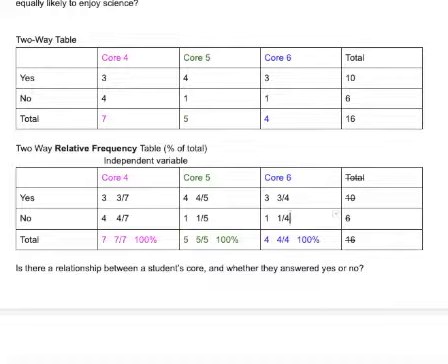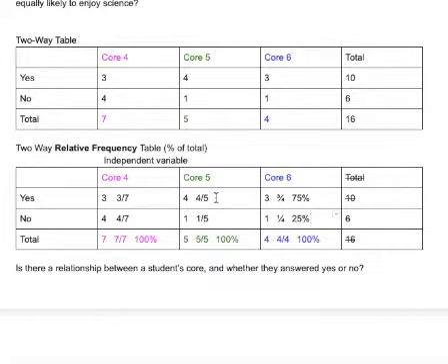So what I'm going to do now is turn these decimals into percents. I'm going to start with core 6 actually, because these are easier. So 3 out of 4, hopefully we're okay with understanding that is 75%, and 1/4 is 25%. But really to get our percents, you want to divide the numbers and multiply by 100.